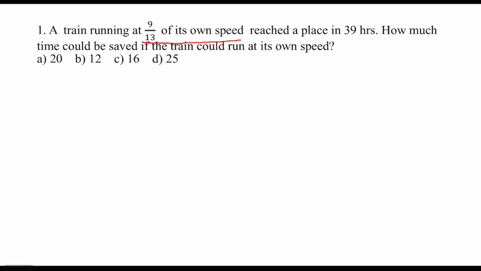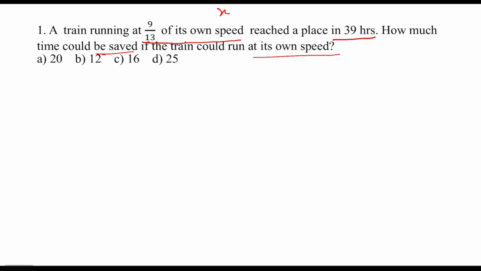If its speed is something x, it is running 9/13 of its speed and it reached a place in 39 hours. So if that train had travelled at its own speed, then at what time it could reach and how much time it could save. Okay, how much time could be saved, they are asking.